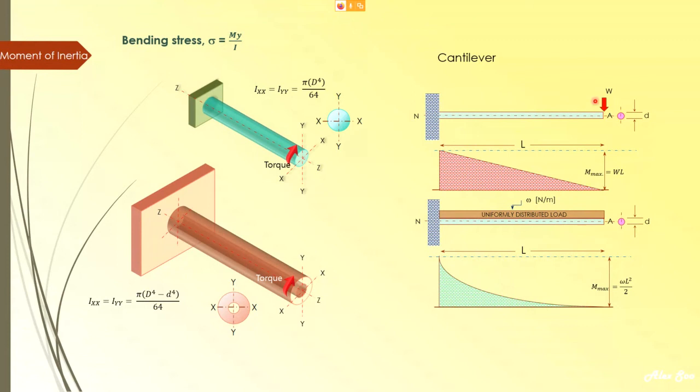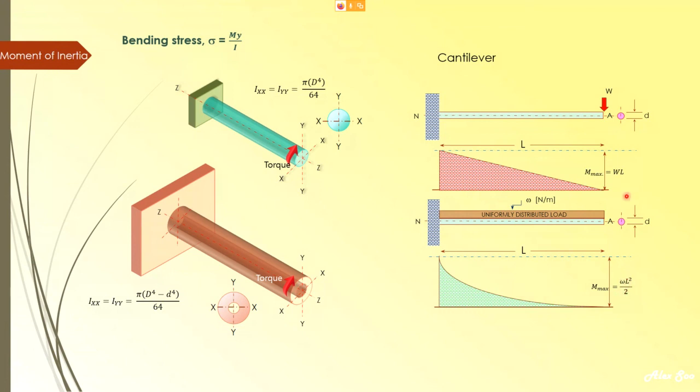That type of weight we cannot consider as a point load, so we consider it as a weight uniformly distributed along its length. The maximum bending moment also occurs here, and it is taken as omega L squared over 2.